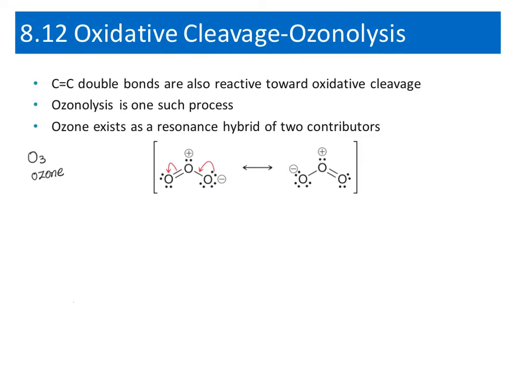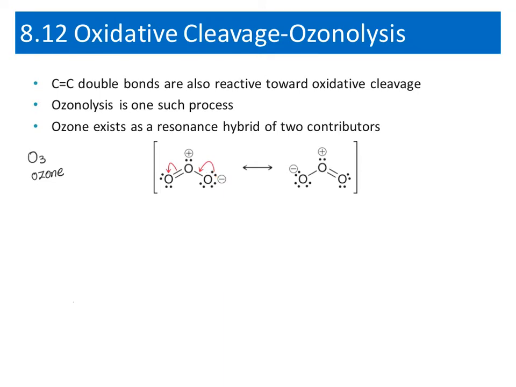Ozone is a charged molecule with 3 oxygens. One of the oxygens, the middle one, is positively charged. This oxygen is negatively charged, and one of them is neutral in one of the resonance structures. Now we can draw the second resonance structure for the ozone molecule.